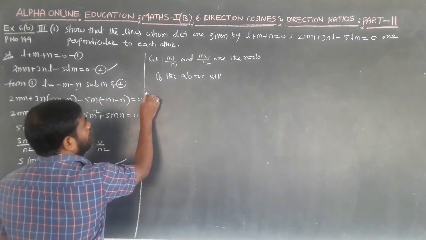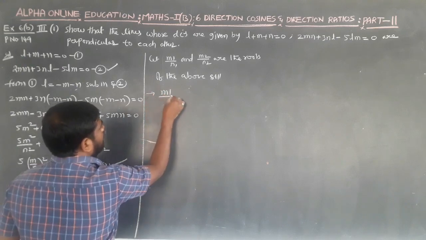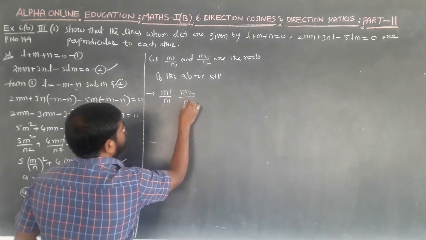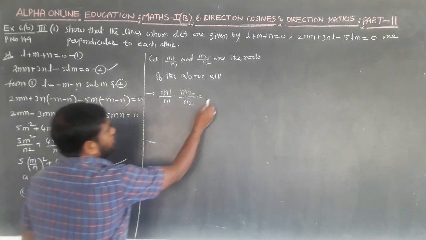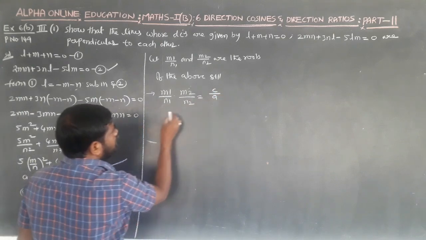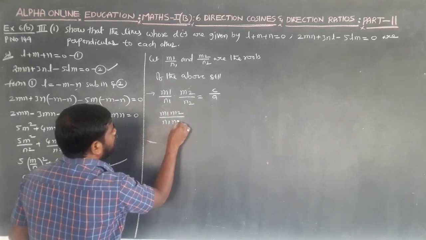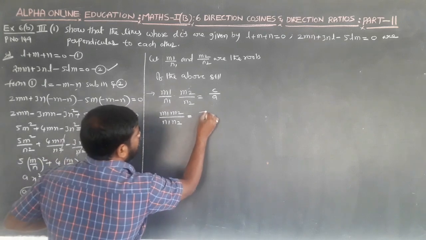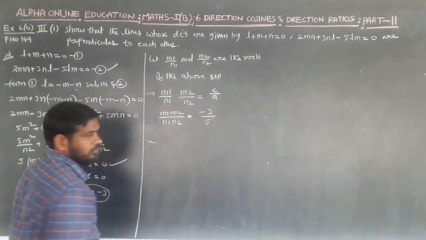Here find the product of the roots. m1/n1 times m2/n2 is the product of the roots, which is c by a. So m1m2 by n1n2 is equal to c by a, that is, -3 by 5.